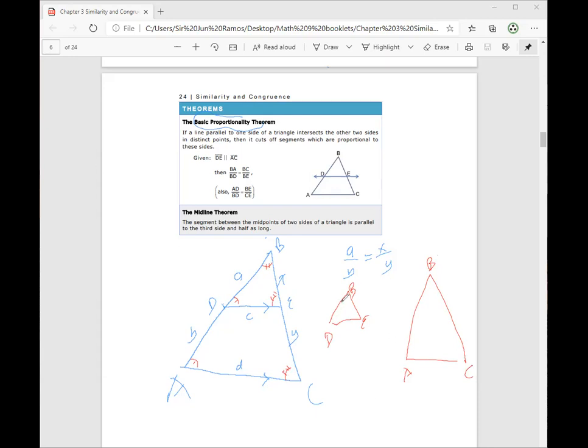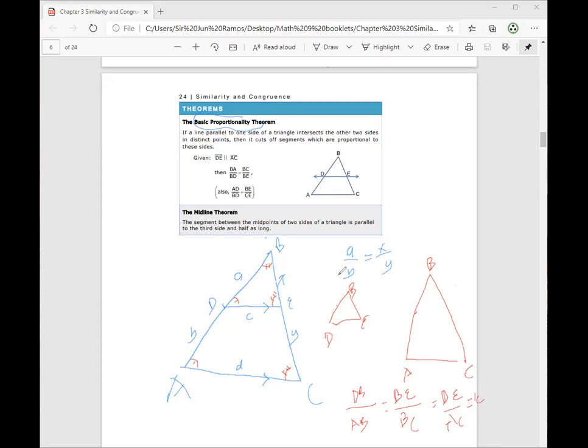Therefore, I can have this side here proportional to that, this side here proportional to that, this side here proportional to that. In other words, I can have DB is to AB as BE is to BC as DE is to AC. Okay? Now, these are sides. Here, these are segments.